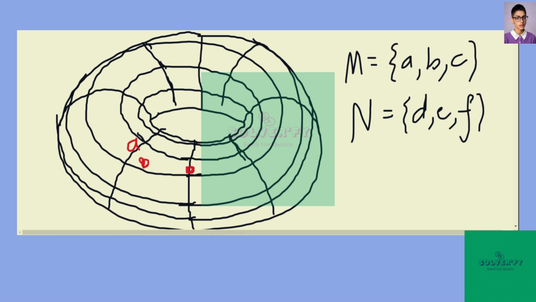So we'll have A, B, and C next to each other. And we'll have D, E, and F in a row as well on the face of the torus.